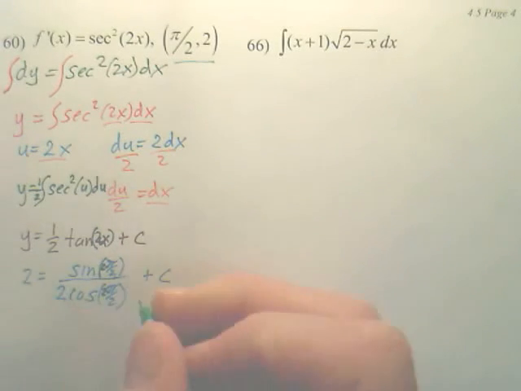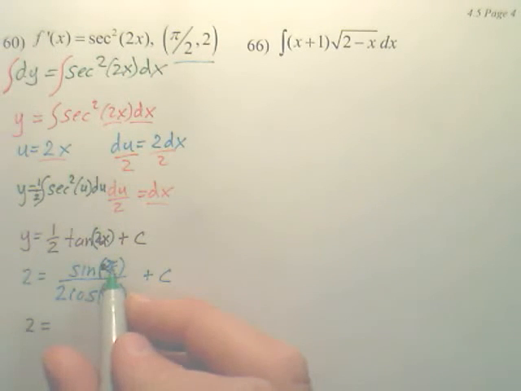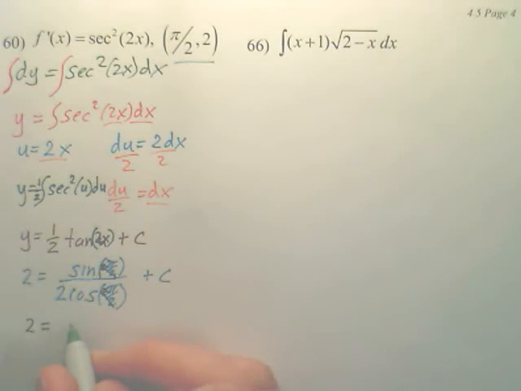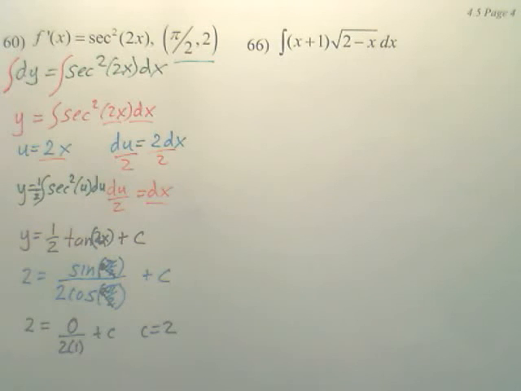Thank you very much. So the 2's cancel. So 2 equals, what's sine pi? 0 over 2 times 1 plus c. So what's c? C equals 2. Thank you for correcting me.